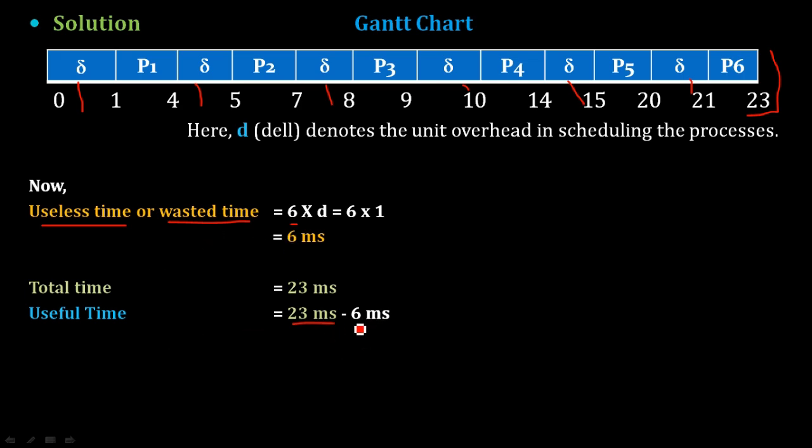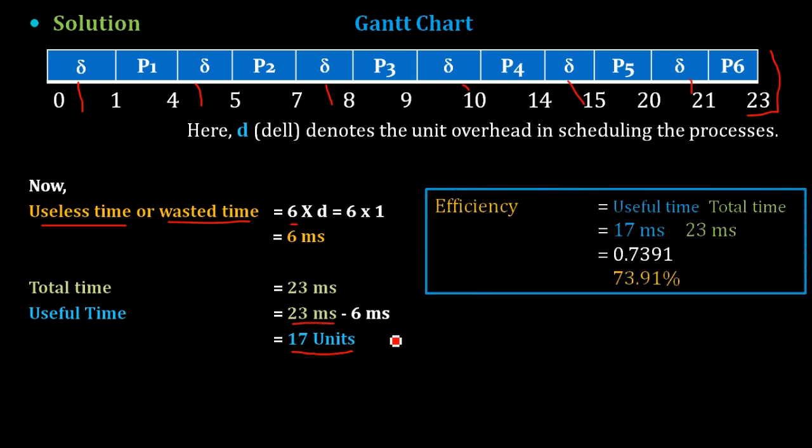So total time minus wasted time, we have 17 milliseconds. This is the useful time. Now how to calculate the efficiency? We use the useful time and the total time. The useful time is 17 millisecond, and 23 millisecond is the total time.